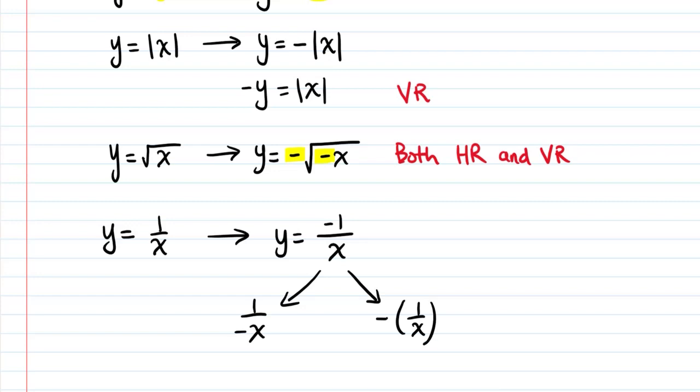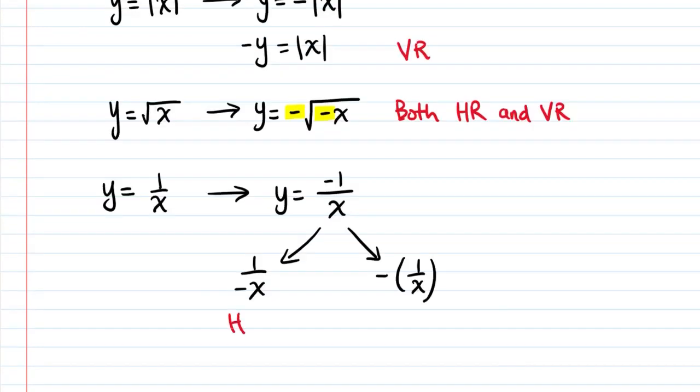If you look at the fraction with the negative sign in the denominator, which is negative x, then it will be horizontal reflection. But if you look at it as a negative sign in front of the whole function, which is 1 over x, then it can be vertical reflection. So in this case, it can be either horizontal reflection or vertical reflection as the answer.